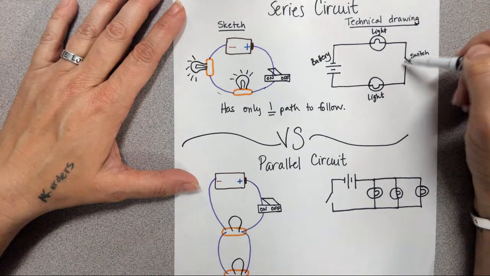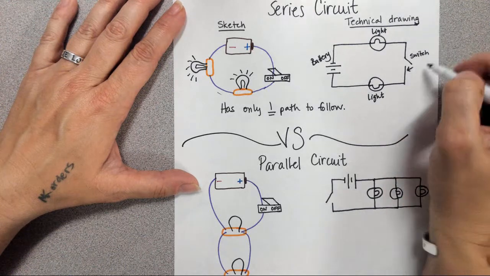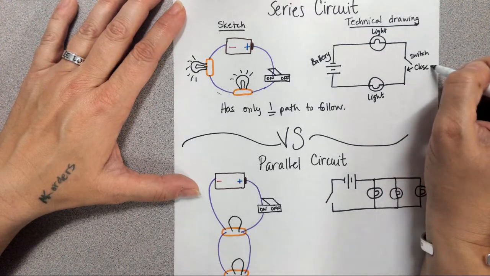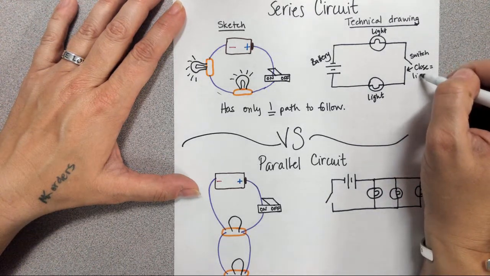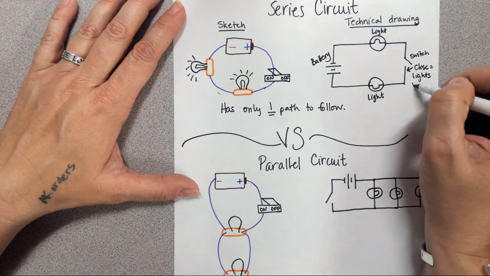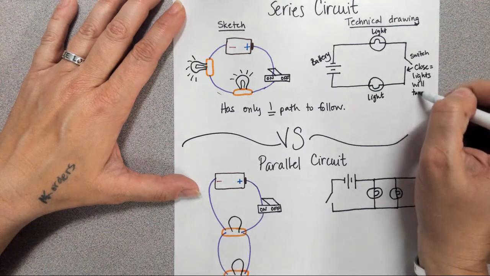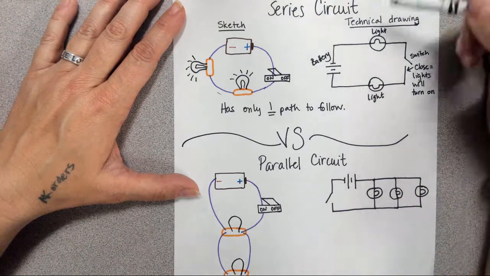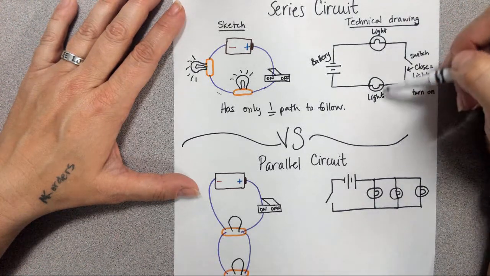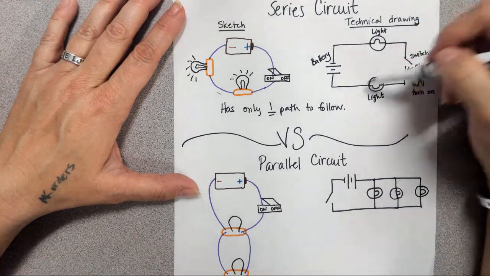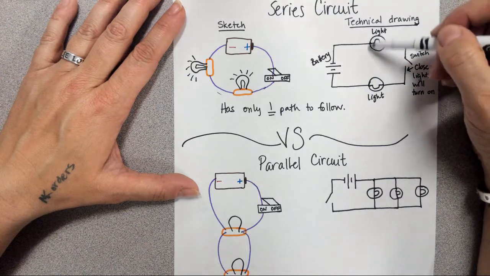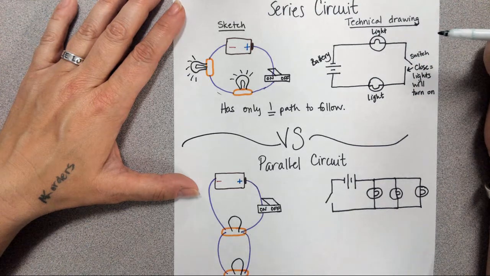But when I close this, the lights will turn on. Now, if I take this light out, what's going to happen to the rest? It's going to turn off because I have now stopped the flow of electrons.